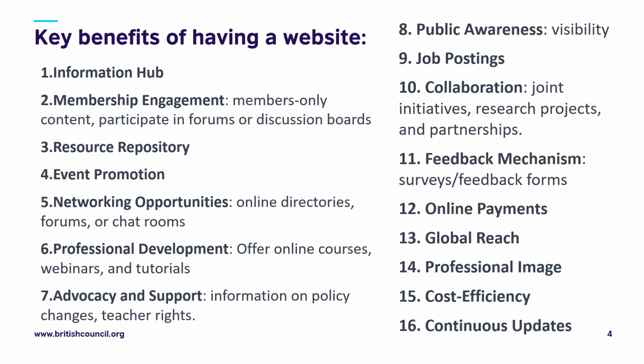Number 8, visibility, which is really important to show the world you have a teacher association. Job postings, you can, if you want. Collaboration, joint things with other groups. Feedback, you can get surveys and feedback forms, Google Forms, for example. You can get people to pay online, number 12.